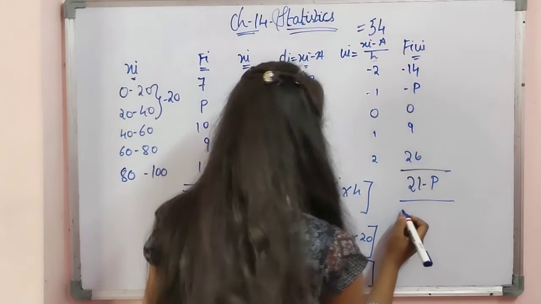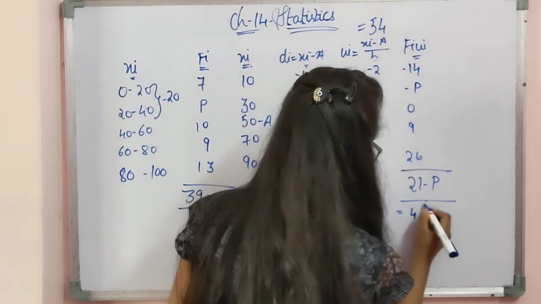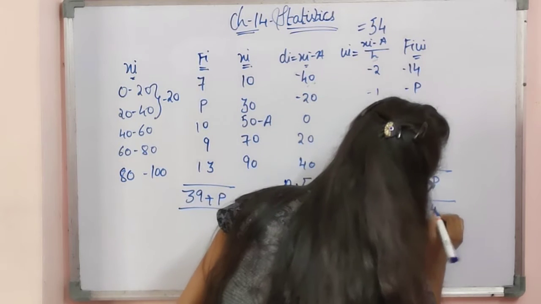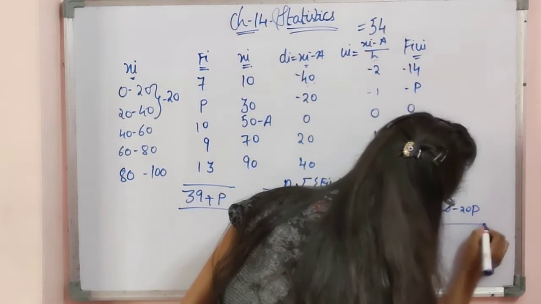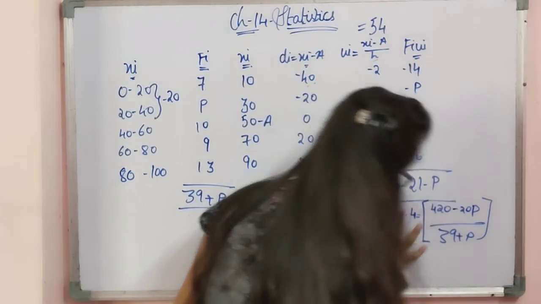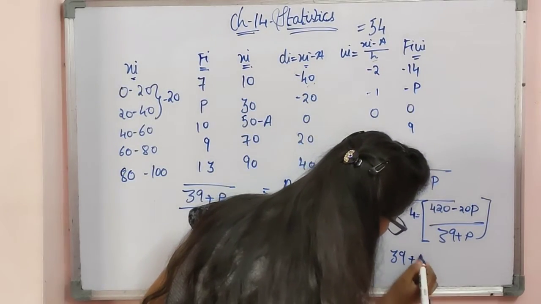So this gives 4 into 420 minus 20p by 39 plus p. Let's keep this value on this side, into 4.